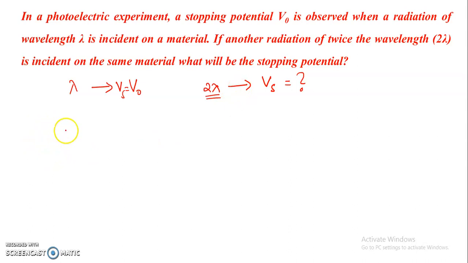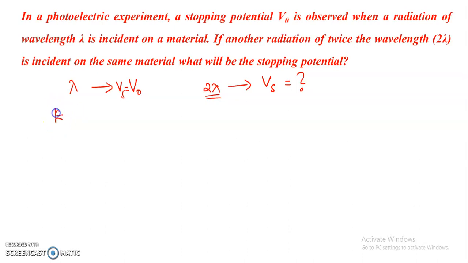We know that when a light radiation is incident on certain metals, electrons will be ejected from the surface. So the energy of the incident radiation will be used for ejecting the electron and providing kinetic energy to the ejected electron.